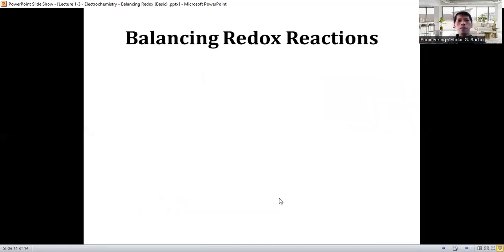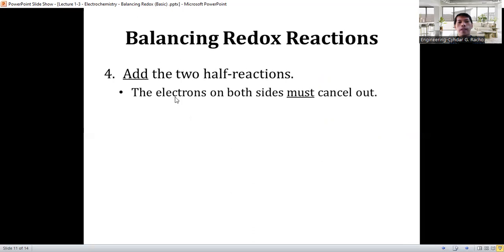Okay, so balancing redox reaction. Number 4, add the 2 half reactions. So let's add the 2 half reactions. So the electrons on both sides must cancel out. So upon adding, you have 2I negative gives I2 plus 2 electrons.